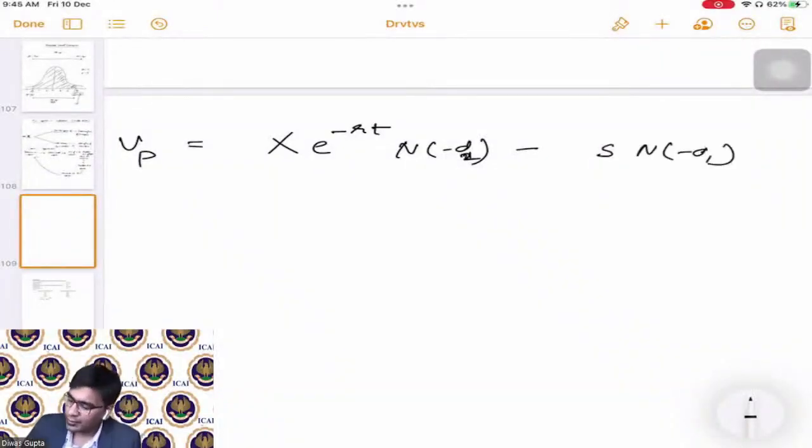This is the formula. See, in case of a put, if the spot price is going down, then only you will get a benefit. Correct? That's why we have put the spot price here, not at the beginning of the equation. Correct?